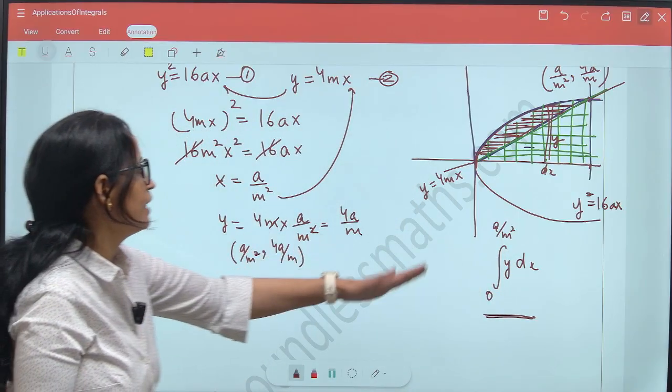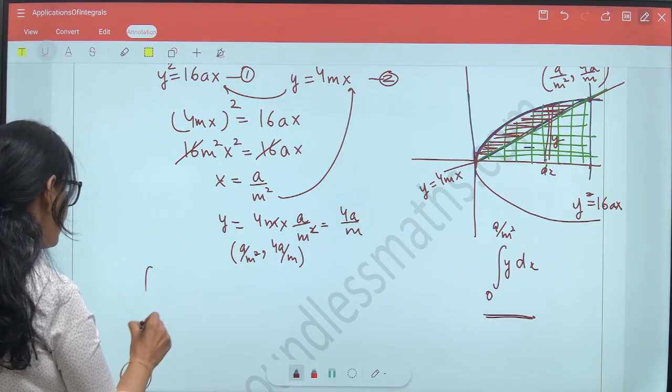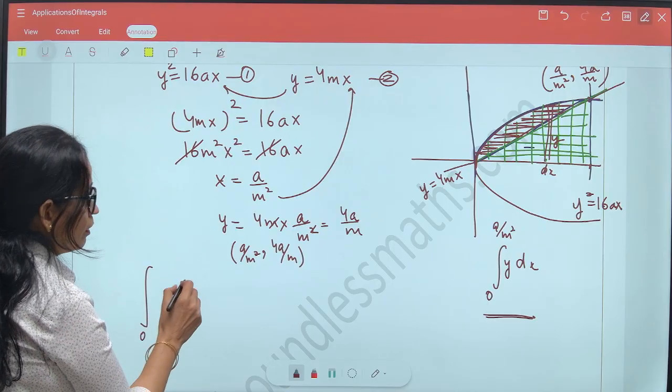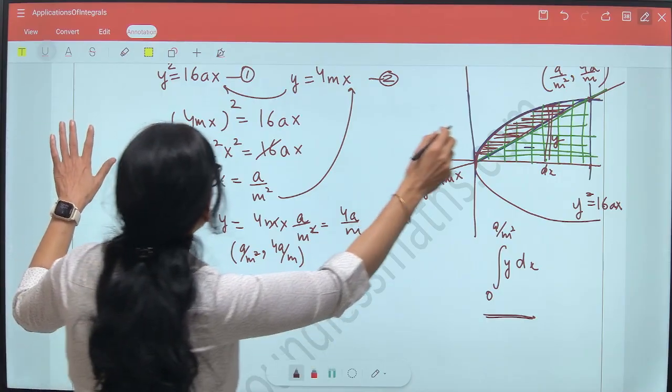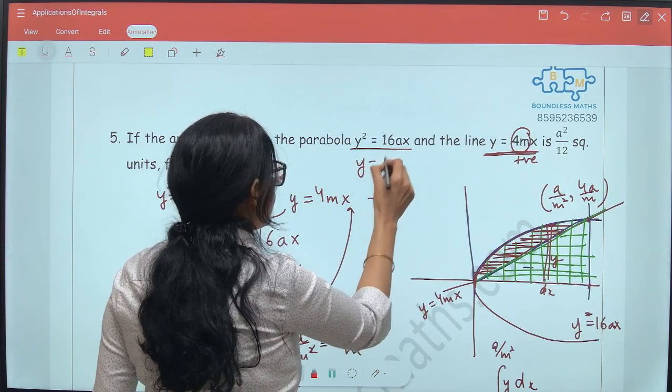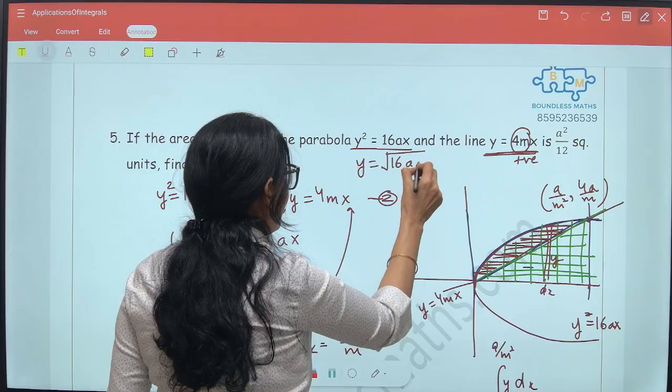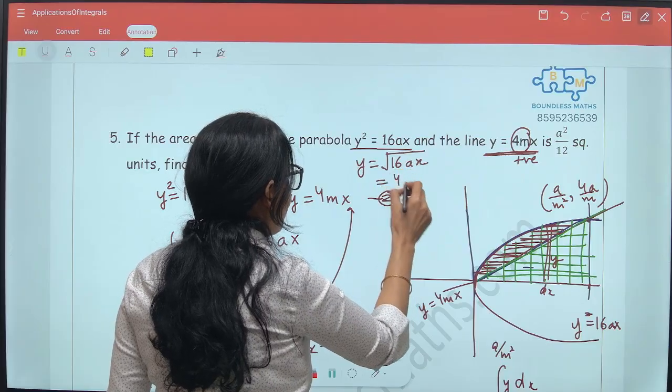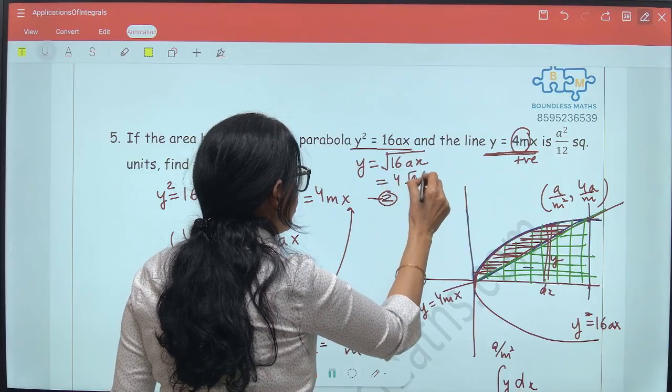Now how do we write y? So it is integral of y. So first we need to write equation of parabola. What is parabola? Y square is equal to 16ax. What is y? Square root of 16ax, and that comes out to be 4 square root a square root x.